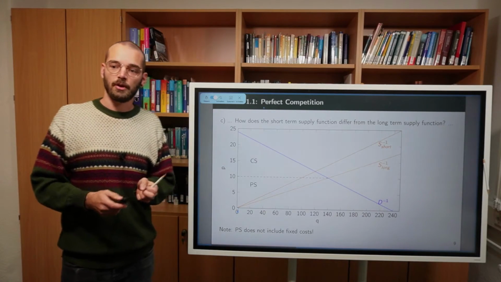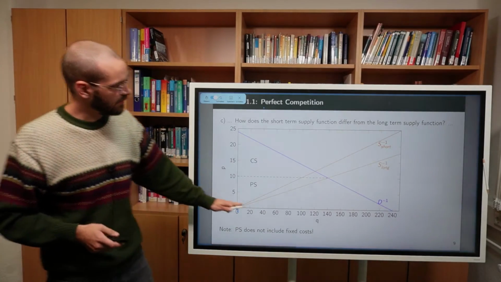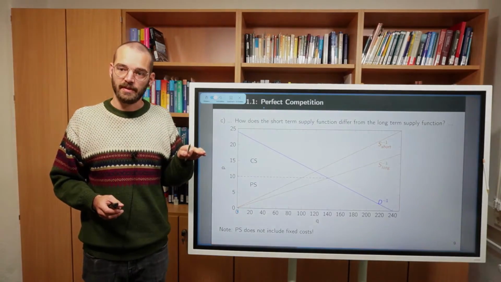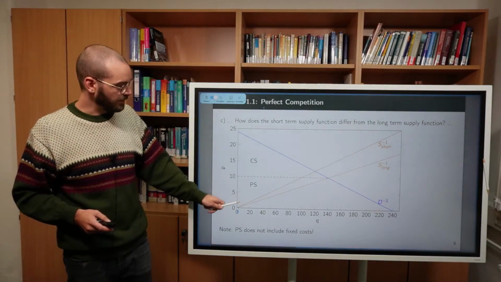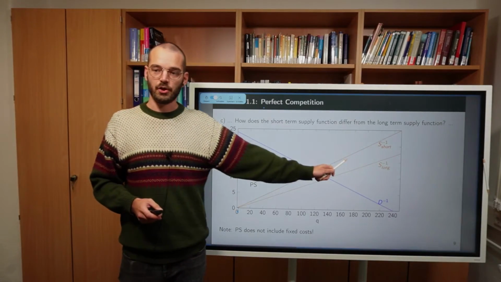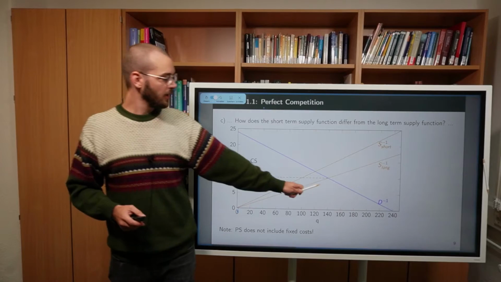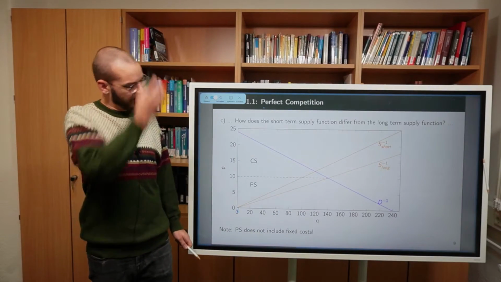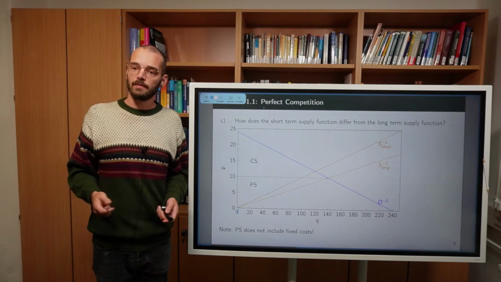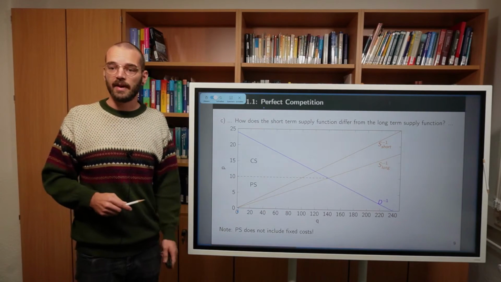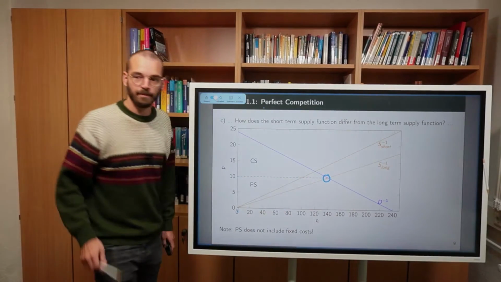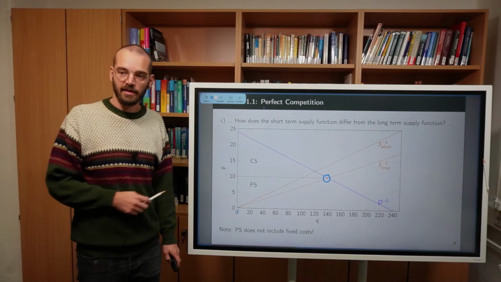So overall, what we can see is that the inverse supply function in the long run is slightly less steep, right? So the upper orange line denotes the short-run supply function, and the lower one shows the long-run supply function. And of course, the market equilibrium in the long run is at the intersection of this long-run supply function and the demand function.